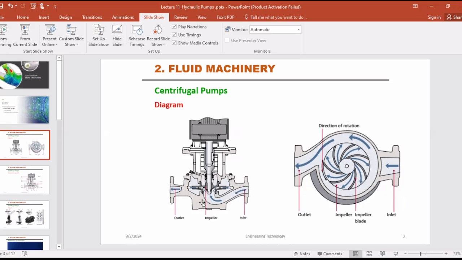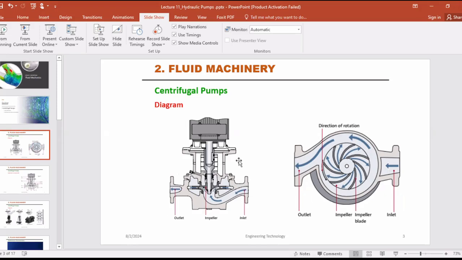Okay. Then here you can see a cross section of the pump. Okay. Using this figure, you can identify a cross section of the pump. Okay. Then this is the impeller, outlet, inlet.